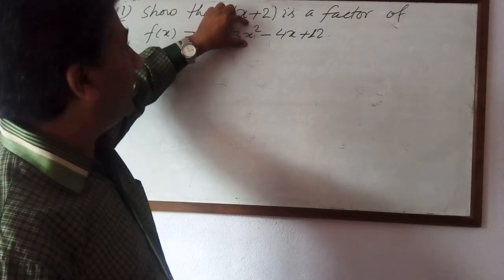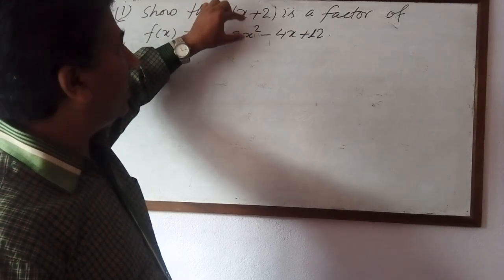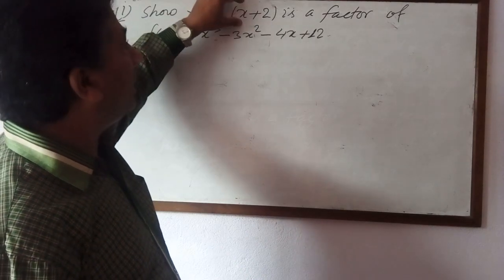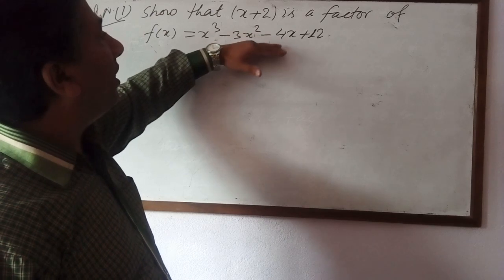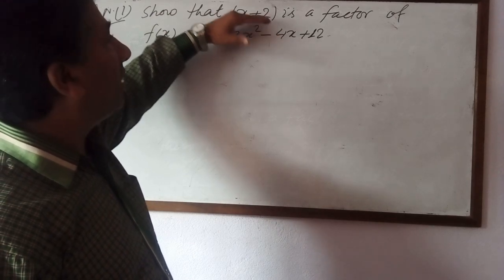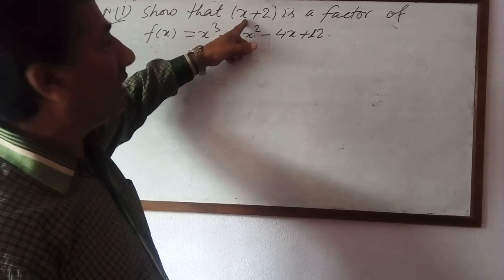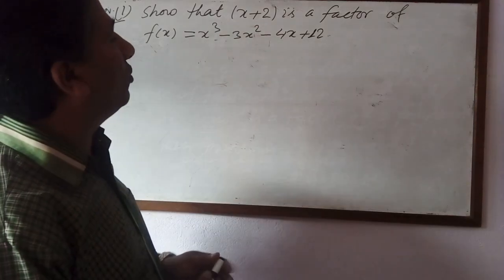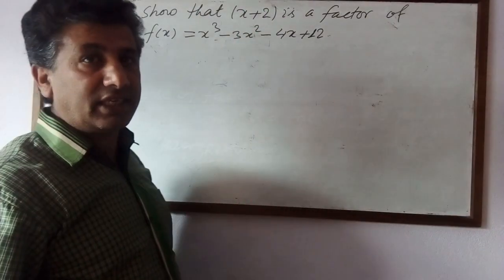What is our definition? If it can divide this exactly, if there is no remainder, then this one will be a factor of this one. Now, how to find the remainder of this polynomial when we divide it by x plus 2? In this x plus 2, you have to assume it just like a divisor.